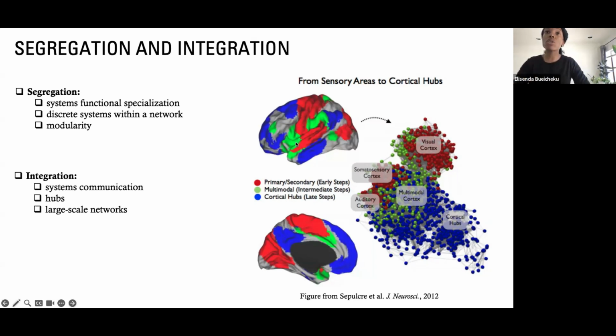And then we also have the more higher cognitive areas located in the cortical hubs. And at the end, what we are using is graph theory to locate which are the modules of a network and which are the integrators of these different modules.